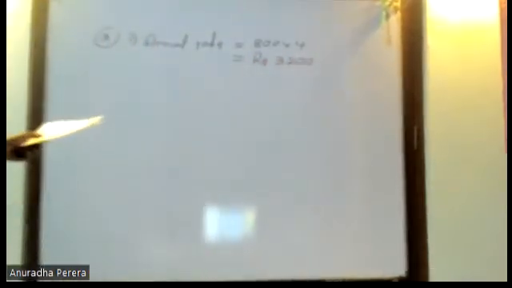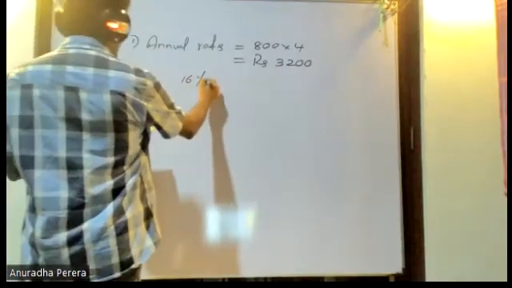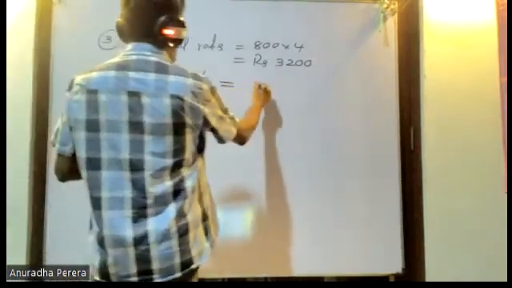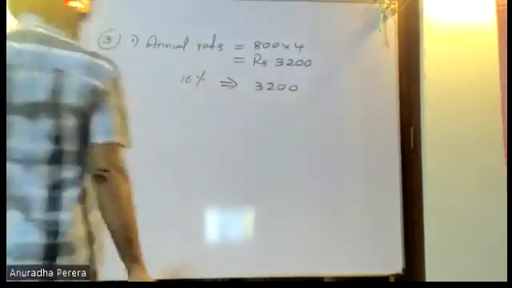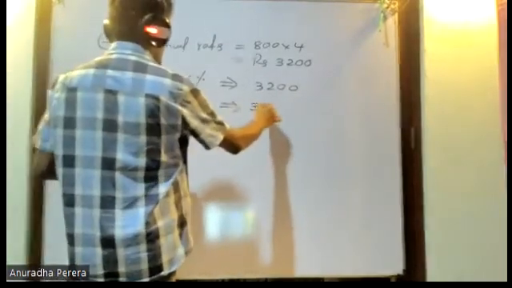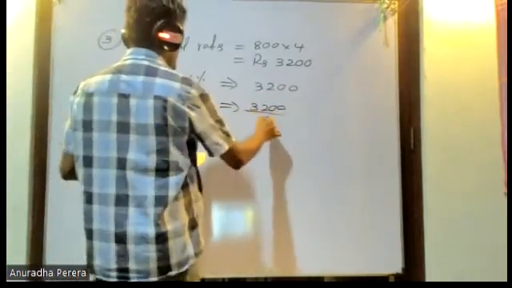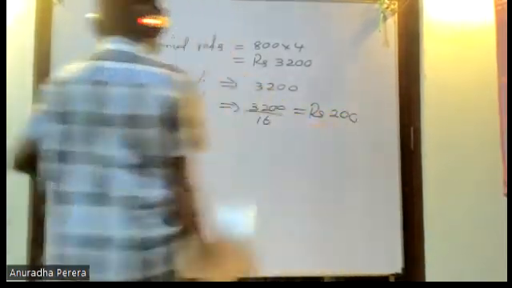3,200. Then this 16% equals 3,200. Then you can determine the relevant value for 1%: 3,200 over 16, it is 200. Right?